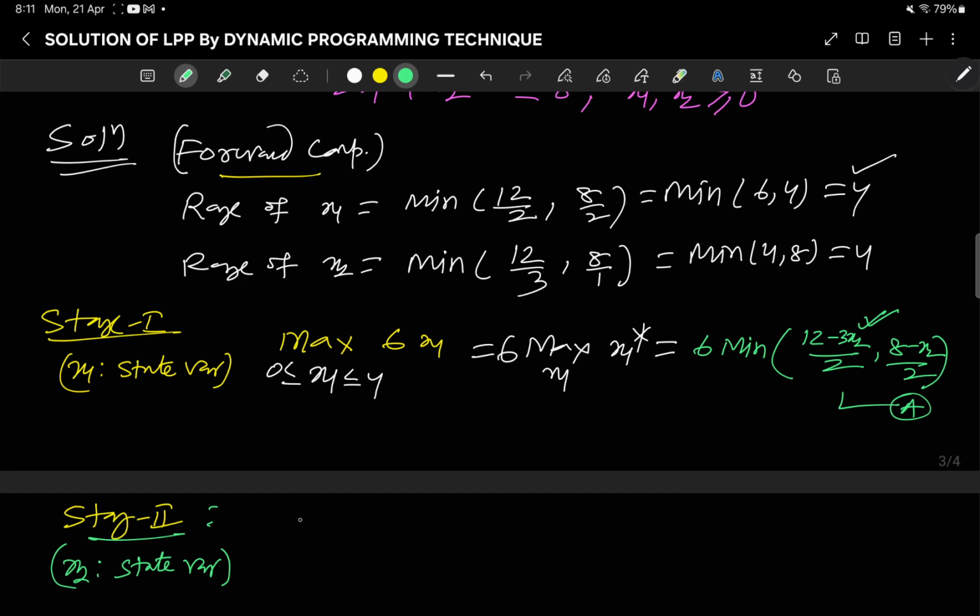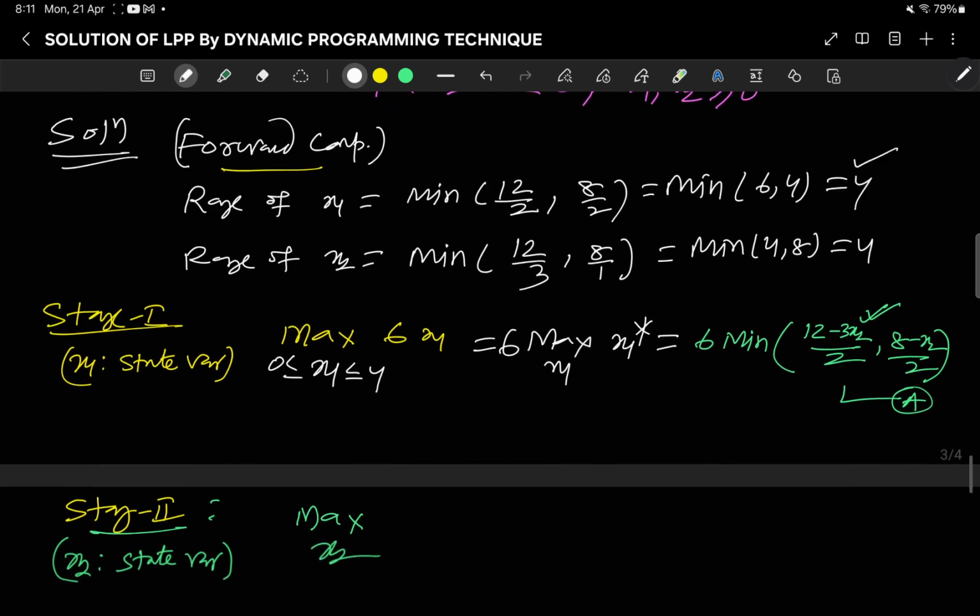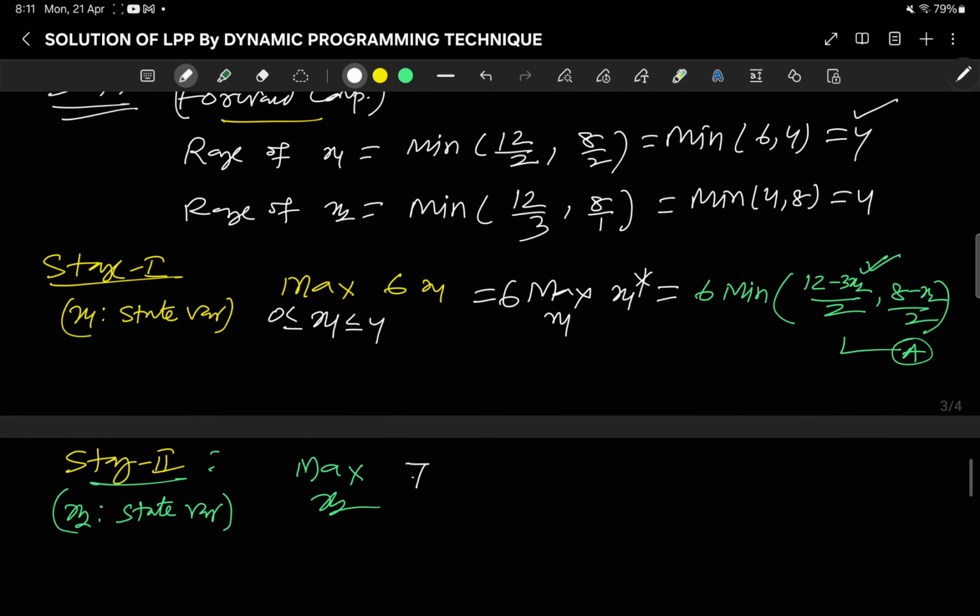So what we have to do is maximization over x2, and we start from x2 first: 7x2 plus 6x1. This x1 is from the previous stage, so x1 star, and x2 ranges from 0 to 4.